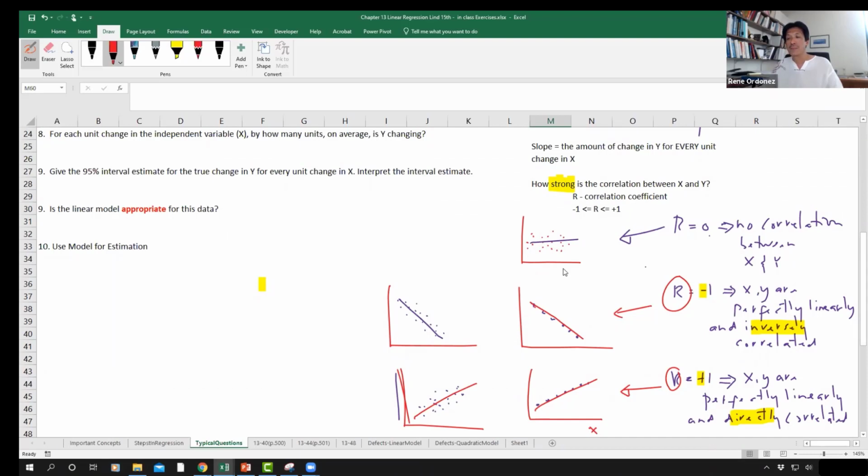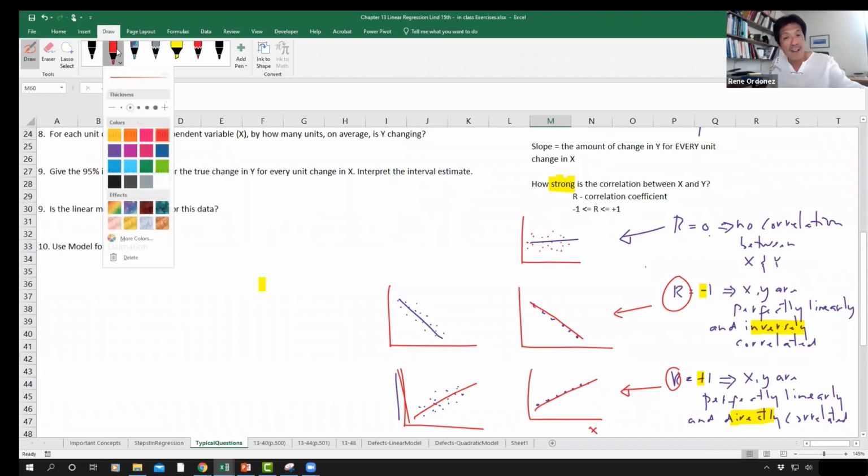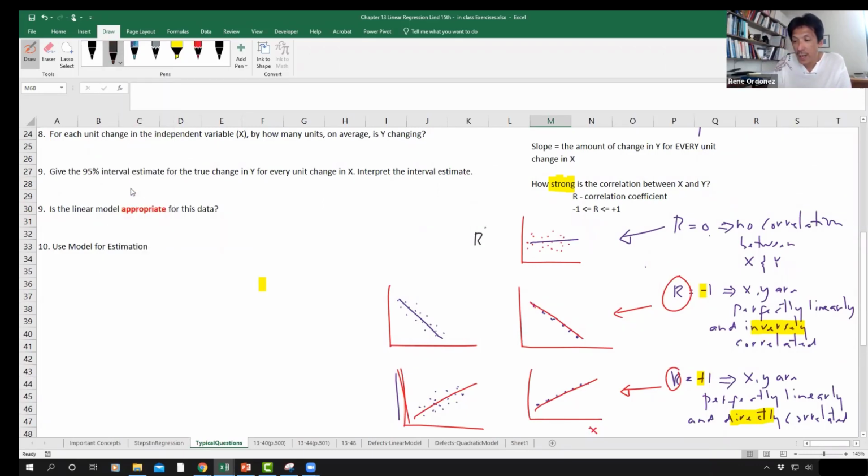Here, for this example, r squared will be approximately equal to 0, meaning the variable x does not have anything to do with explaining the variation in y.